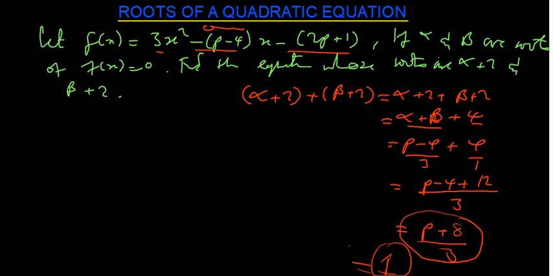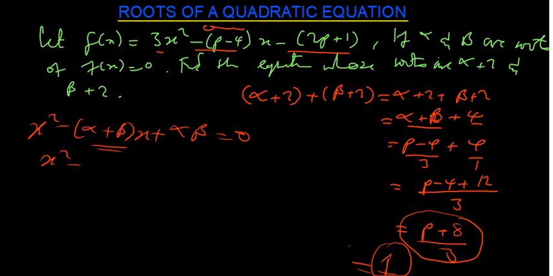So we know that our general equation is supposed to be in the form x squared minus alpha plus beta x plus alpha beta, which is equal to 0. So this is x squared minus the sum, which we have found as p plus 8 over 3 x. And then our product, which we found as 1, should be equal to 0.